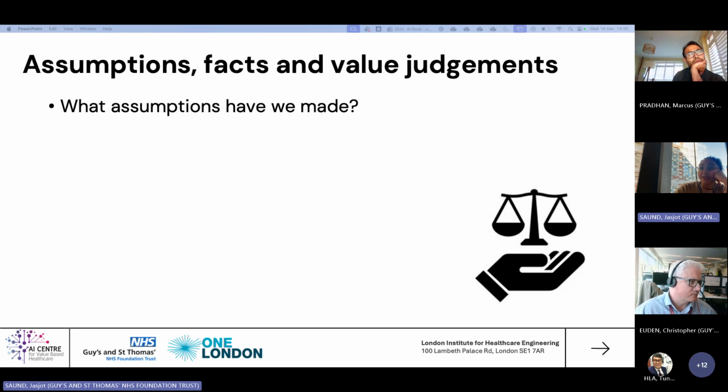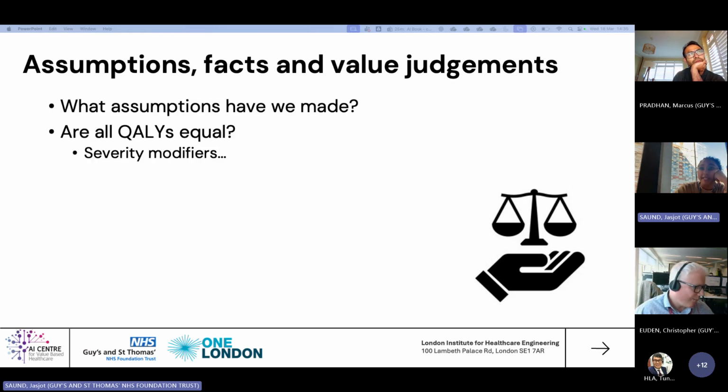So you might want to ask, what assumptions have we made? Are all QALYs equal? That was a question asked maybe a couple of years ago, because they introduced what are called severity modifiers, where for certain health states you can times the QALY by 1.7. That's the severity modifier that they've used.